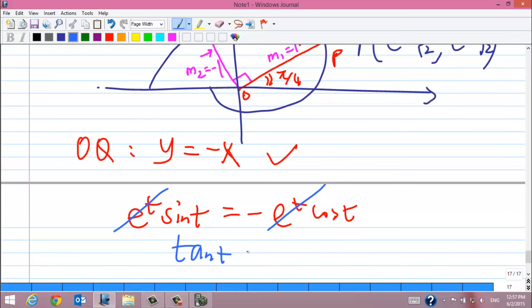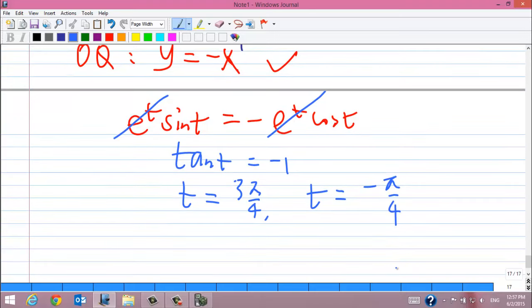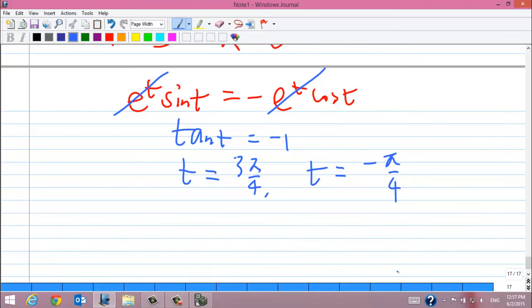Tangent t equals minus 1. Tangent is negative in the second and fourth quadrants, so t is in the second quadrant or the fourth quadrant. Now we need to check which one satisfies Q, and you should know Q is in the second quadrant.